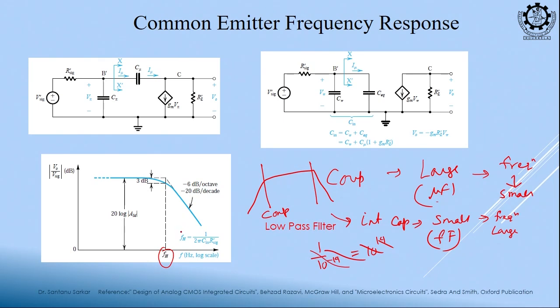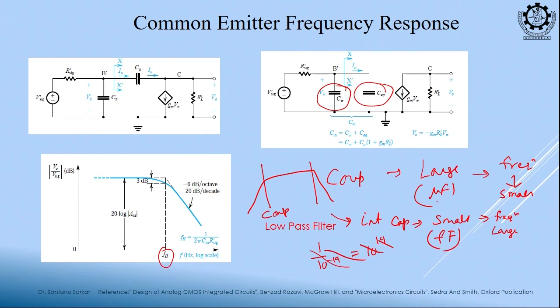So, again this is my cutoff, this cutoff is happening due to the effective C pi and C mu, and this 3 dB cutoff frequency will happen due to this internal capacitance and resistances, and this roll off is 20 dB per decade or 6 dB per octave.